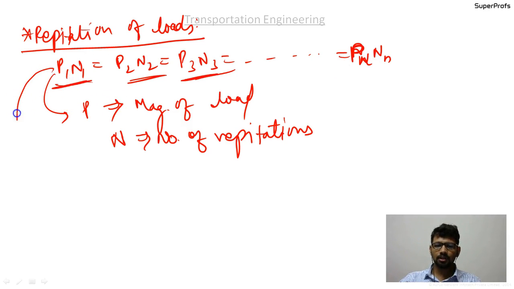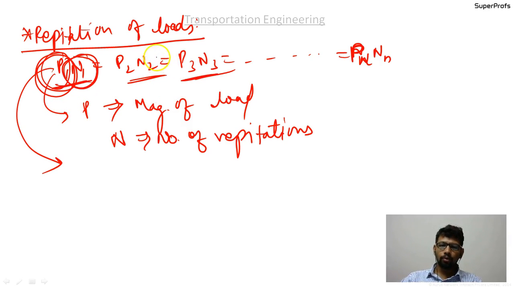So what this means is that a less magnitude load with more number of repetitions, and a more magnitude load with less number of repetitions gives the same effect. Please write down, it is very important.